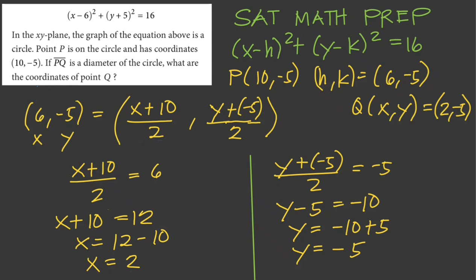This is the coordinates of (h, k), the midpoint or the center of the circle, which is (6, -5), and this one is from the x coordinate of point Q and the x coordinate of point P, the y coordinate of point Q, and the y coordinate of point P. So to solve for the x coordinate of point Q, we just have to equate this one to the x coordinate of our midpoint, which is the center of the circle.